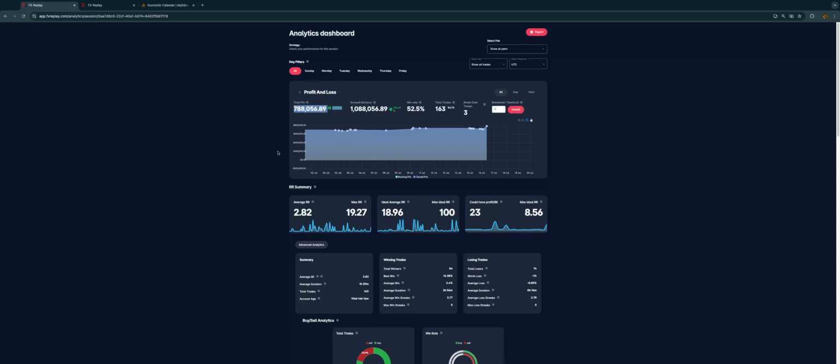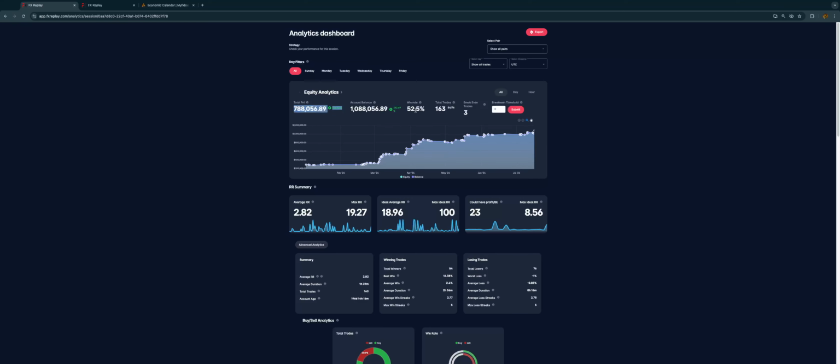Yeah, I mean, you really can't tell much growth. The equity curve is just so big now that like take me back home. How do I make it? Oh, there we go. Yeah, so not bad growth.